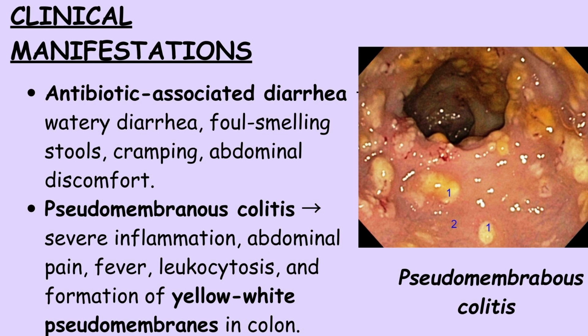It is called pseudomembranous because of the presence of yellow-white plaques on the surface of the colon. They are made of dead cells, fibrin, mucus and inflammatory debris. It can cause abdominal pain, leukocytosis, that is, an increase in the number of white blood cells in the blood, and also fever.